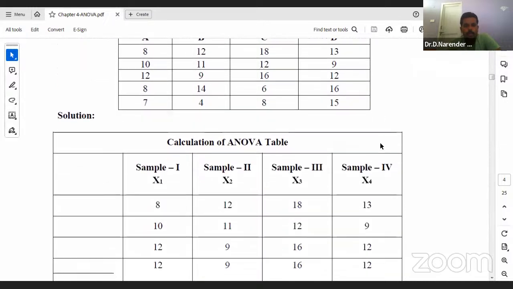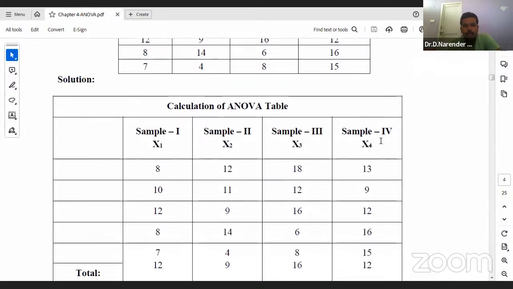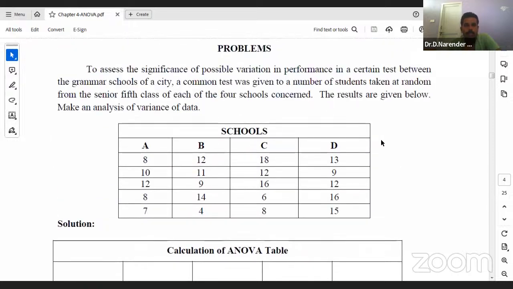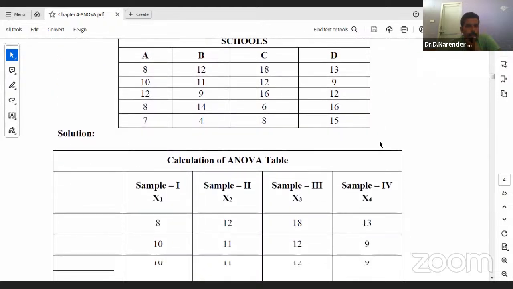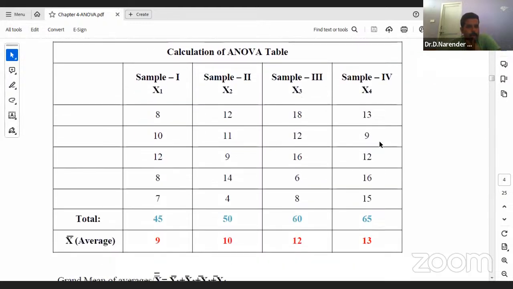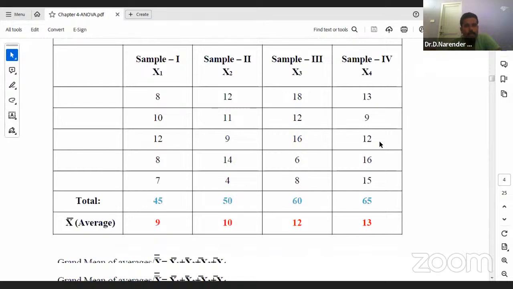Okay, so here is the calculation of the ANOVA table. Instead of schools A, B, C, D, I am writing sample 1, sample 2, sample 3, sample 4. Any doubt, anybody?